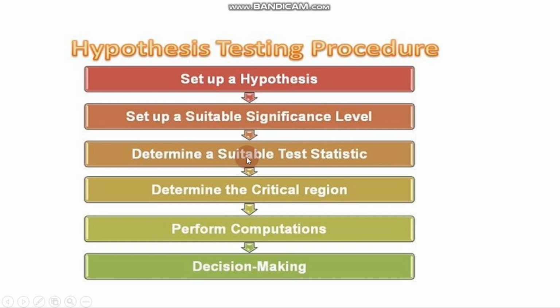After that, taking a suitable statistical tool, he has to determine the critical region, that is, the accepted or rejected region. With the help of the statistical tool, the computation, that means the calculation of data, will be executed. Based on the data, the researcher gets the correct decision. Let us see one by one.